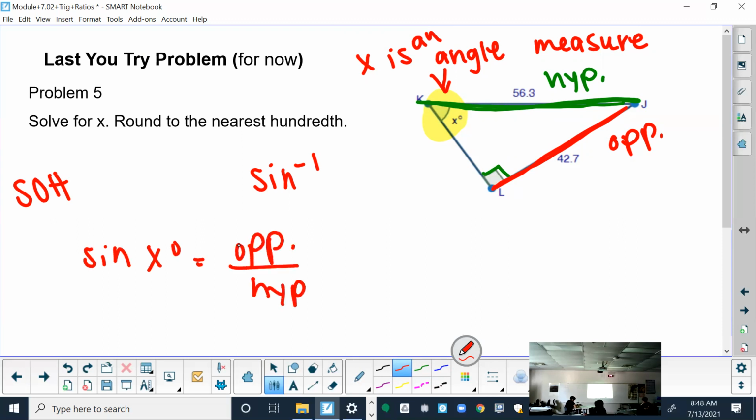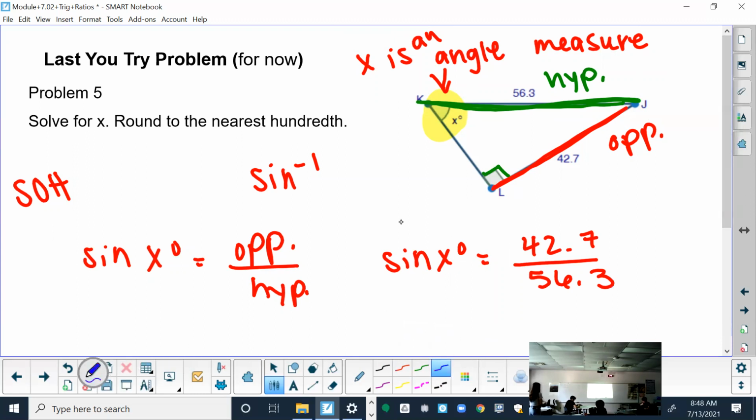Plug in what you're given. We don't know what the angle measure is, that's what we'll be solving. Opposite is the 42.7, hypotenuse, 56.3. And then again, because we are solving for the angle measure, it's going to be sine to the negative 1 of 42.7 divided by 56.3.